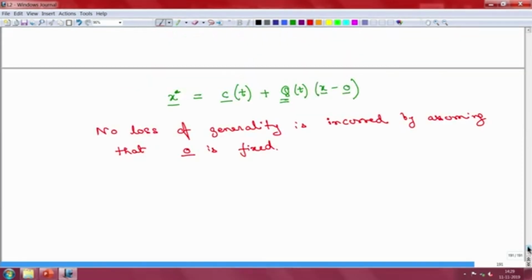So, let us say that you have a measured field phi in the reference frame F, and that field now becomes phi star in the new frame, frame F star.